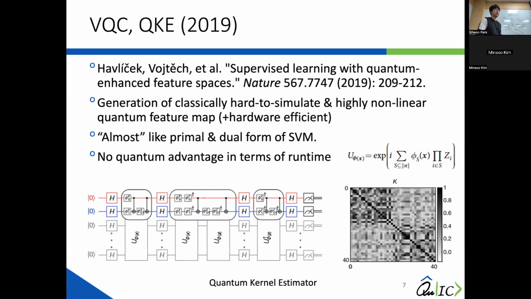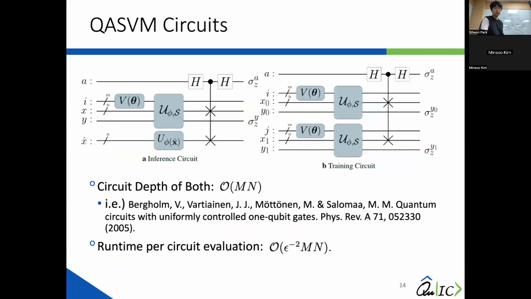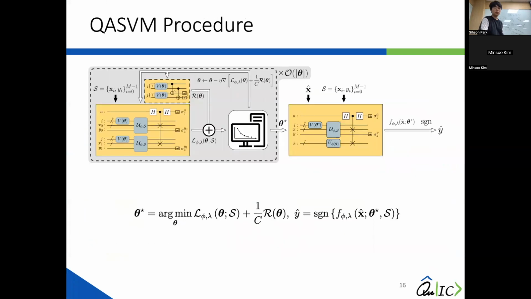Now, can you show the circuit, the training circuit part, or the whole part? Yes. I'm just a little confused. So the N is the number of data there, right? Yes, which corresponds to the I and J. And where is N? Like below M. Oh, here.